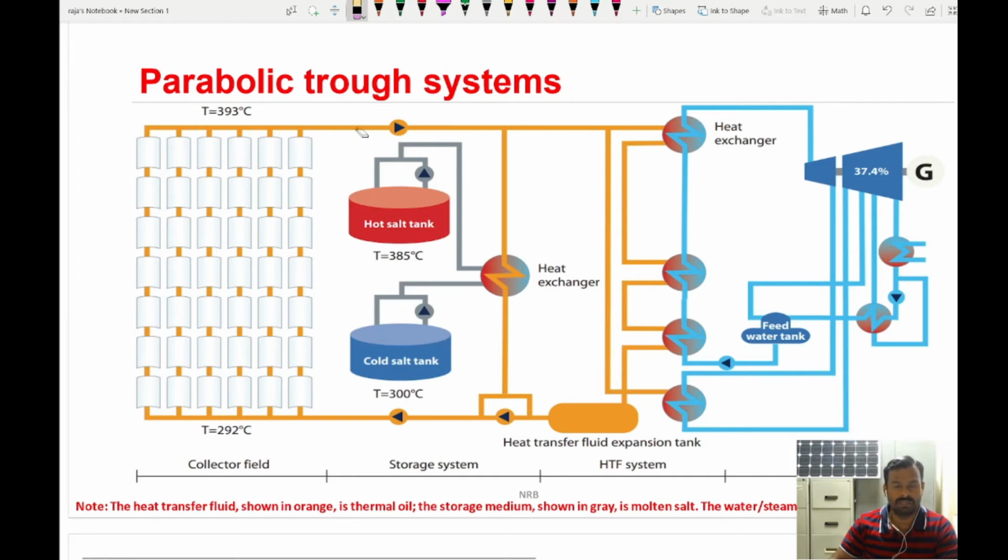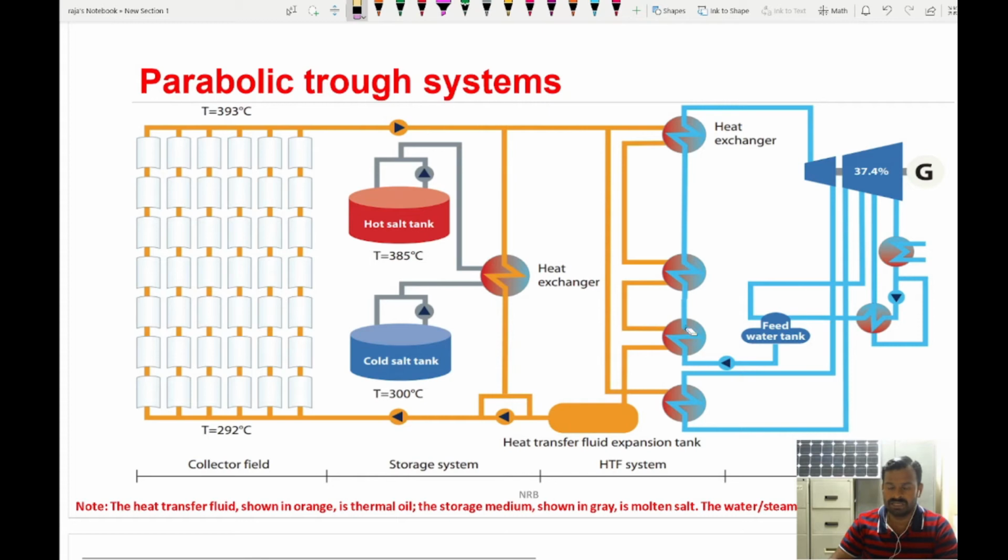This is one path. The second path is the flow of heat transfer fluid through this heat exchanger. This heat exchanger is the one which is going to produce the steam. Before the water comes to this point, of course, we have the preheating steps where the water tank feeds the cold water here.